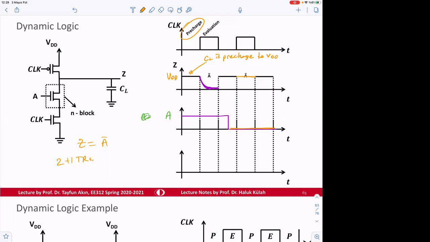So here, CL can be discharged down to ground.